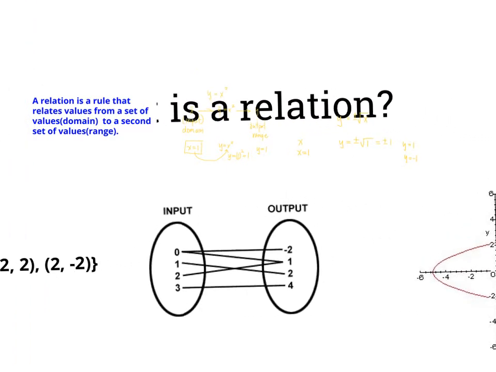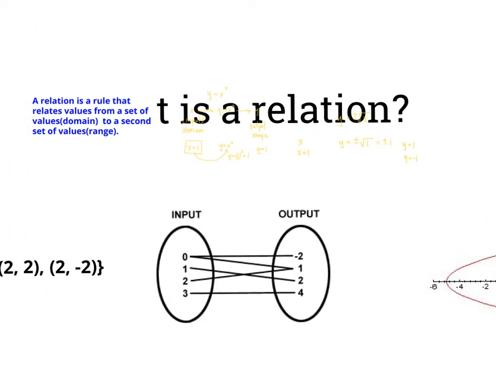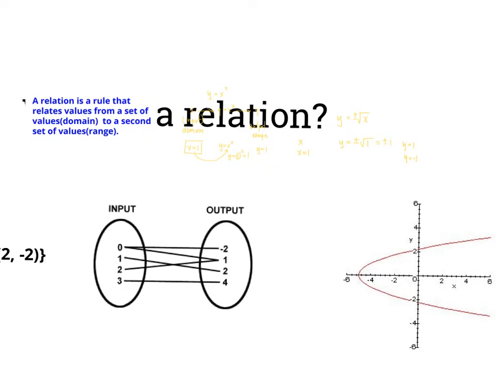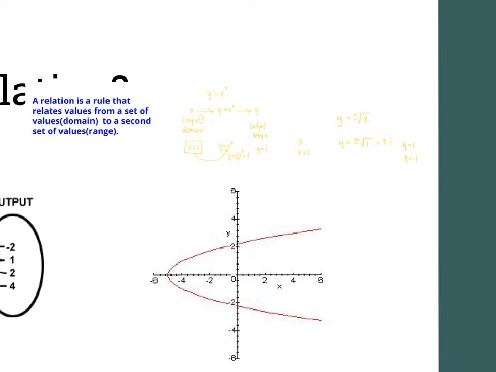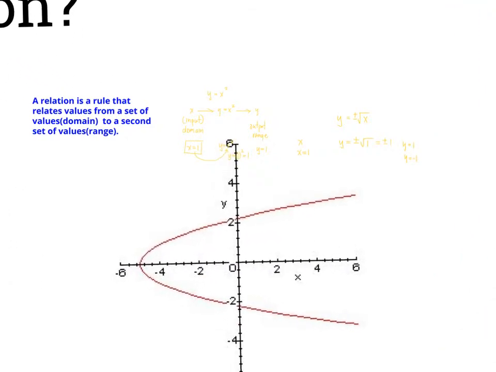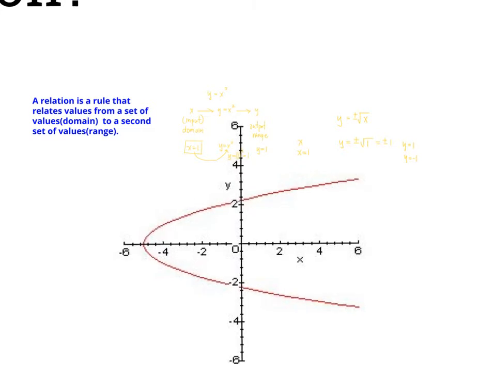That can be observed as well in the mapping diagram. 0, for instance, is paired to negative 2, and 0 is paired to 1, and so with all the other elements in the input. And in the graph, although we may not be able to see it directly, there are values being paired up when we create a graph, and that is the set of values from the x-axis and the set of values from the y-axis.